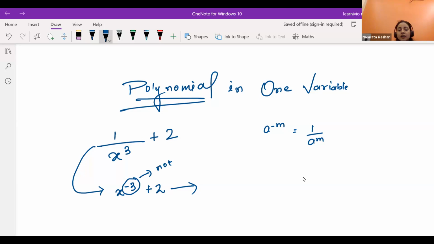Whatever variable you have, the exponent of that has to be a whole number, only then can we call it a polynomial. Otherwise it's not a polynomial.